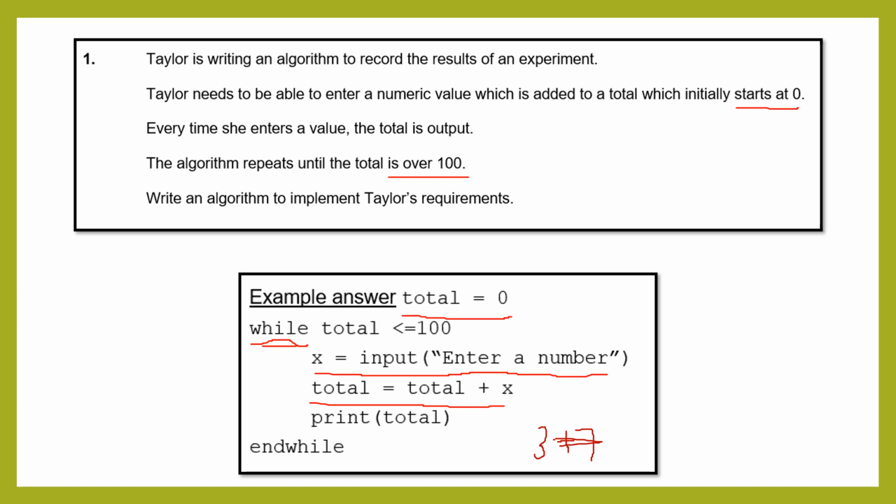Then the next time, if I enter another number, my total will start at 10 plus whatever I enter again. So if I enter 70, the next time the value of the total will be 80. And you get the idea. So that's how it increments. The important thing to remember is this: always print your total, because it says really clearly, every time she enters a value, the total is output.